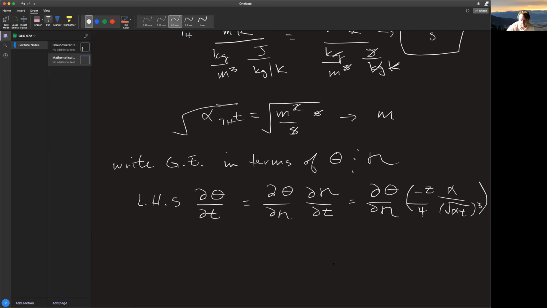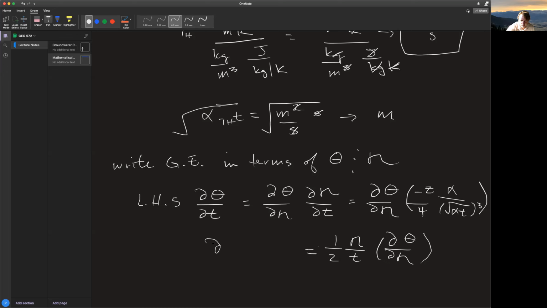And if you do some algebra, this reduces to 1/2 eta over t times d theta d eta.